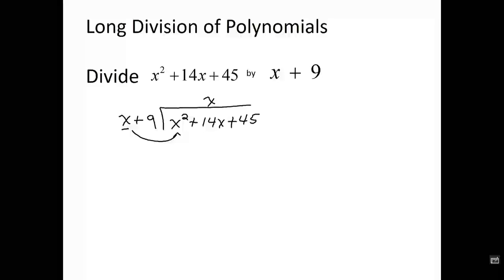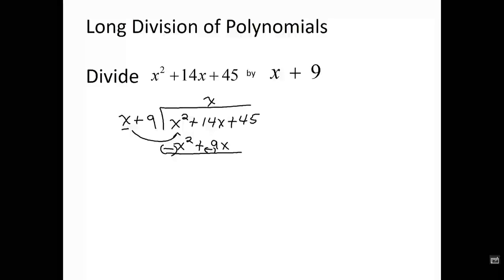X times x is x squared. X times 9 is a positive 9x. Draw the line and subtract, just as we did in long division using arithmetic.